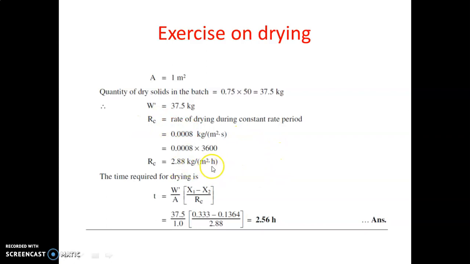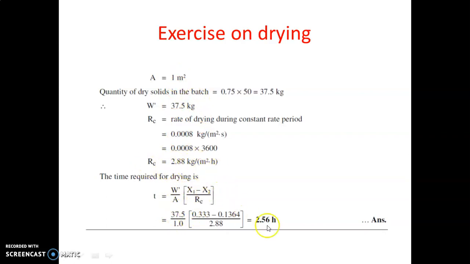In the formula the Rc value is needed in kg per meter square per hour. Here in the problem it is given in kg per meter square second, so you have to convert it into kg per meter square hour. So you have to multiply by 3600, converting seconds into hours. Then you put in the W dash value, area 1 meter square, x1, x2 and Rc.